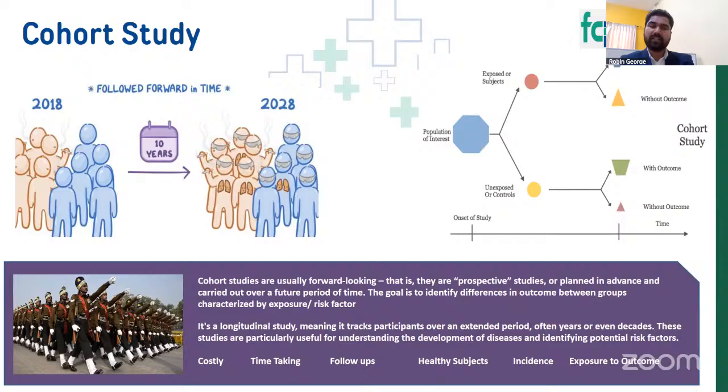First of all, I want to say what is meant by cohort. The meaning of cohort is a Roman army unit. It just means a group of people having the same experience. You can see the picture below of army people: they all have the same uniform, the same gun, and they are all trained to use the same.